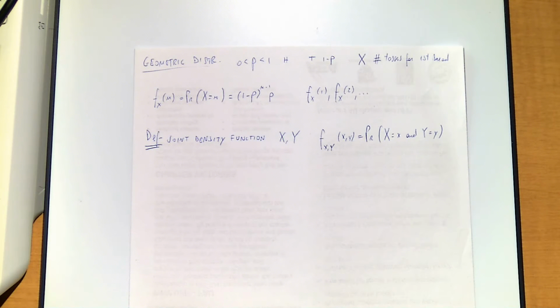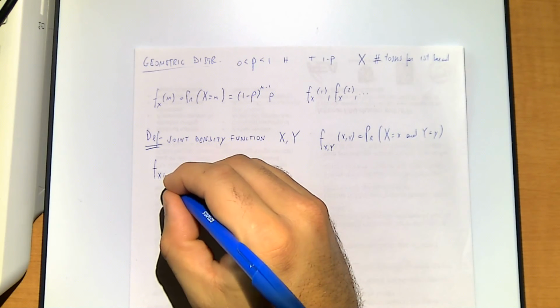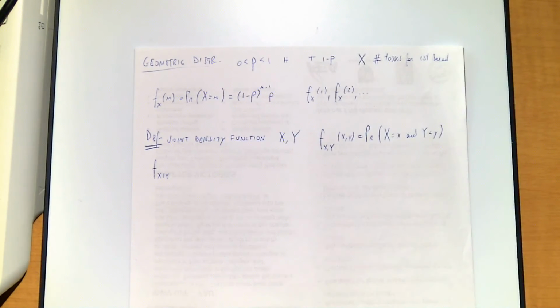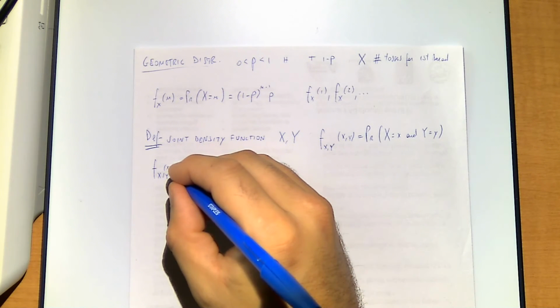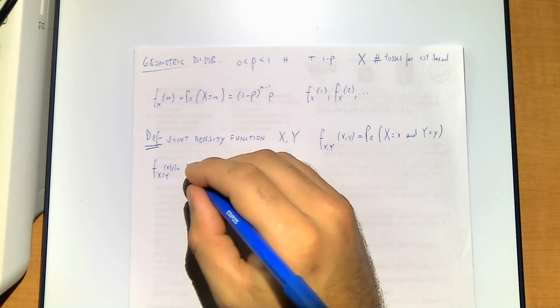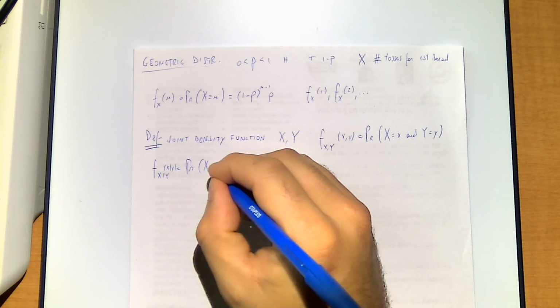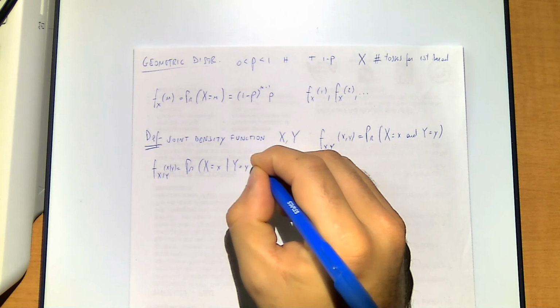Yeah, so that's the joint density function. And similarly, we can define the conditional density function of x given y as the probability that x is equal to little x given that y is equal to little y.